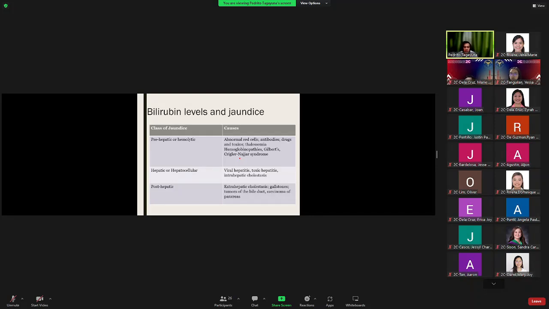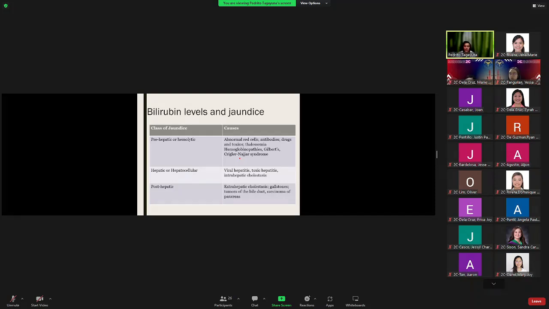Your hepatic jaundice or hepatocellular jaundice occurs when there is damage to the cells. So viral hepatitis, toxic hepatitis, those that can kill the hepatocytes, and even intrahepatic cholestasis. There will be cases where there is obstruction within the liver, even in biliary atresia.